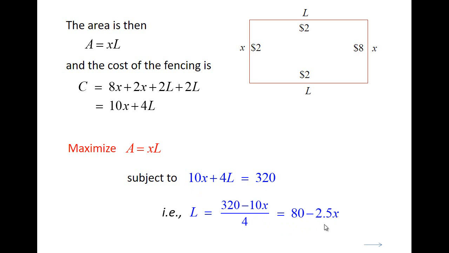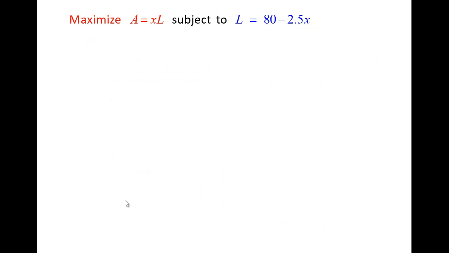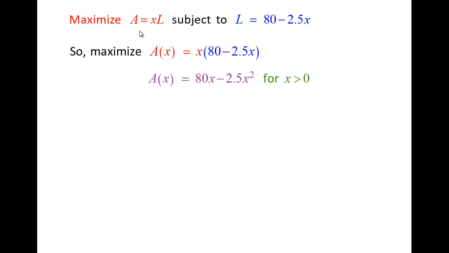So we get 80 minus 2.5X. Now we can plug this into the formula for the area, and we get X times 80 minus 2.5X, which is 80X minus 2.5X squared.